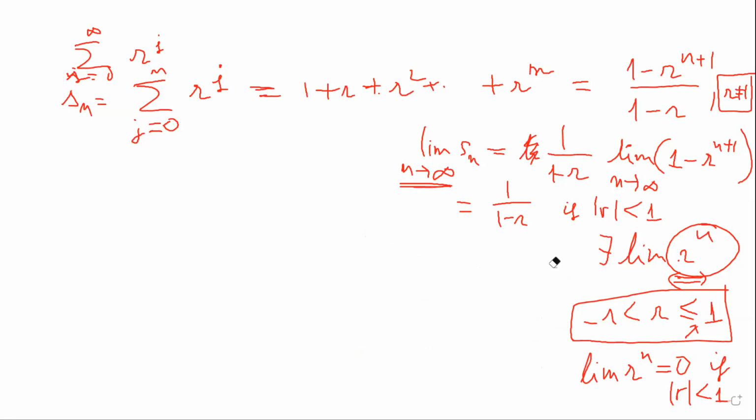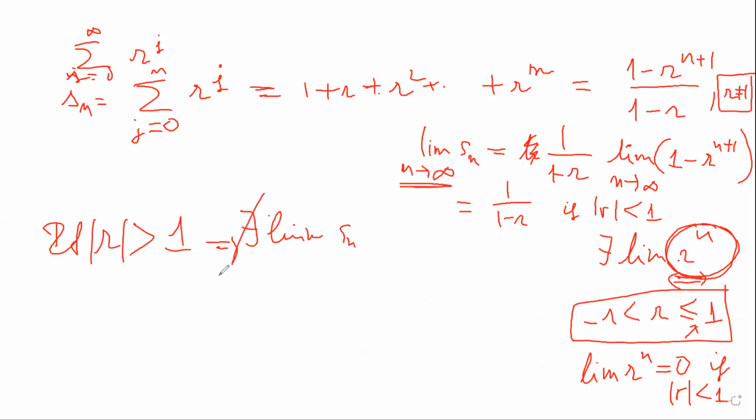Because when r is bigger than 1, this limit doesn't exist. That implies that the series diverges. So lim Sn doesn't exist.